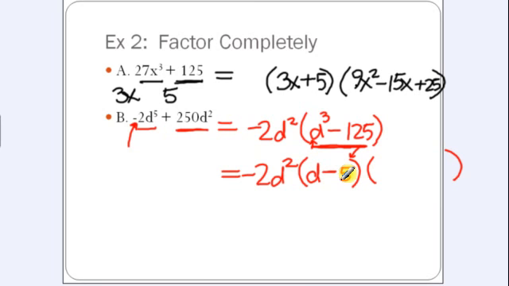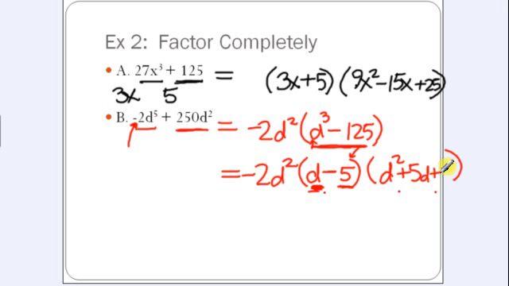Then for the trinomial, I want to take what a is and square it, so d squared. Then I want to multiply this times this together, and I get plus 5d. And remember, with the subtraction, it's going to go minus, plus, plus, following our pattern.